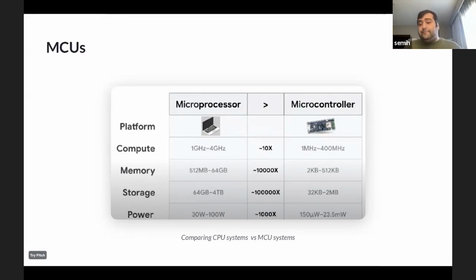And the memories we are talking about also in the kilobyte sense. Same goes with the storage, and most importantly, the energy levels: we are looking at very small use of energy, which is a blessing as well. If you are in any remote area, you need to rely on energy from the environment rather than the grid system. That's a good advantage, but it's also a problem when you would like to get into some specific calculations, and I will explain briefly when we get there.